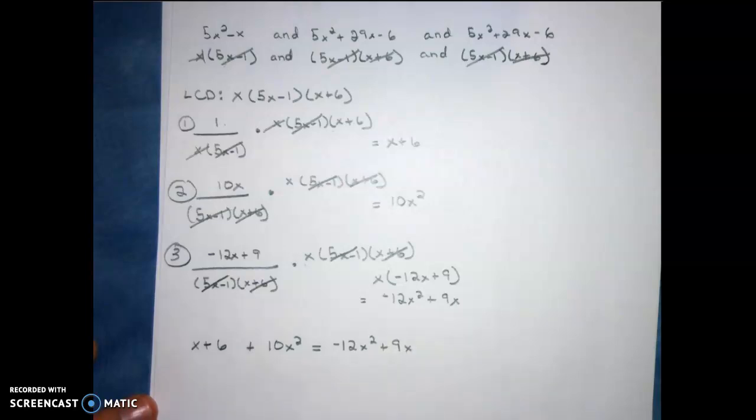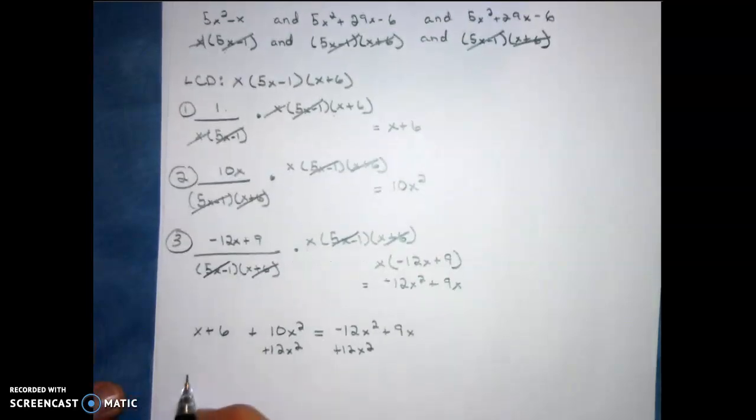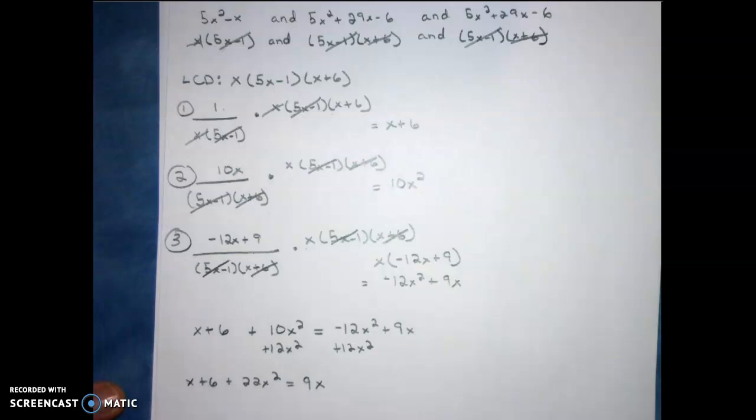Alright, now we combine like terms. So I'm going to try to set this equal to 0. I'm going to start by adding over 12x squared. So now I have x plus 6 plus 22x squared is equal to 9x. Alright, I'm going to subtract 9x here, subtract 9x here.